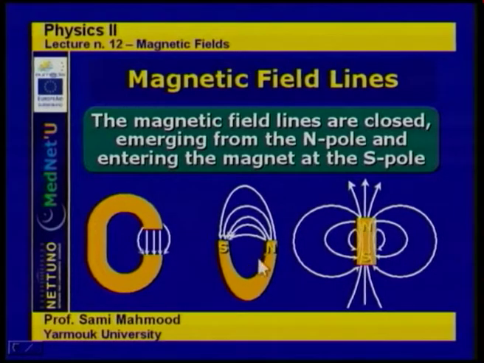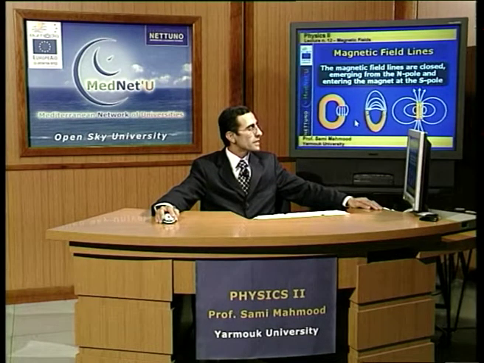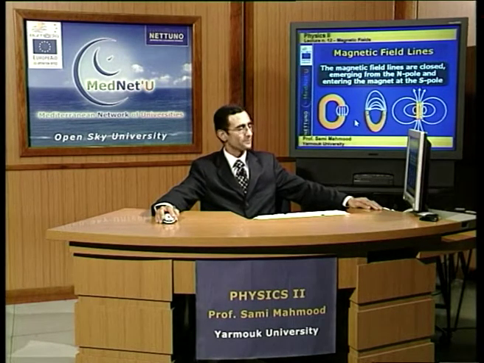This is another shape of a magnet. Again, the lines start from the N pole and end in the S pole. And this is a third shape of known magnets. The field lines enter from the N pole, which is the upper pole in this case, going towards the S pole outside in the gap.